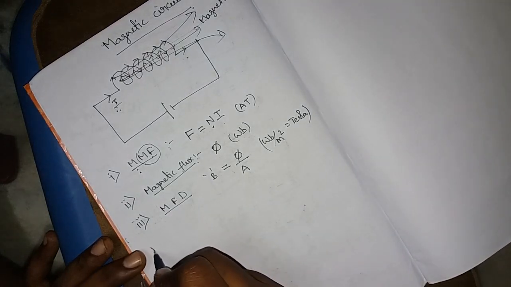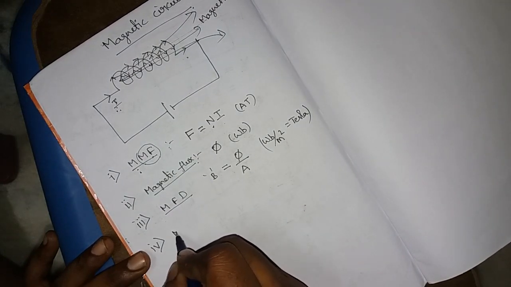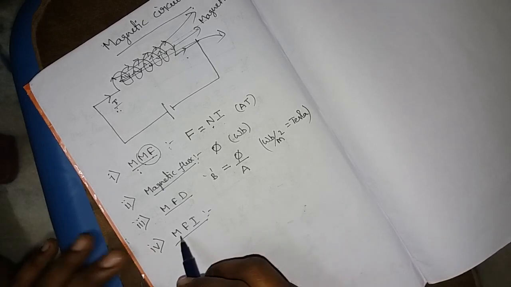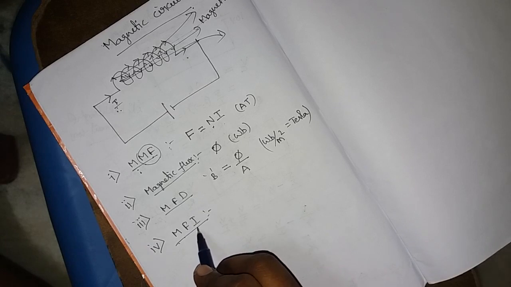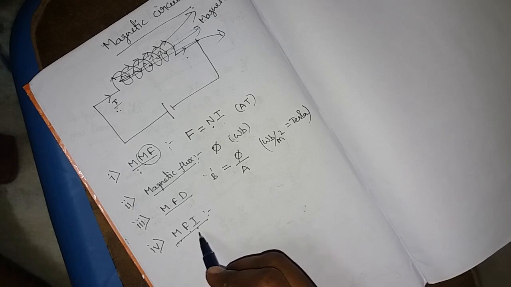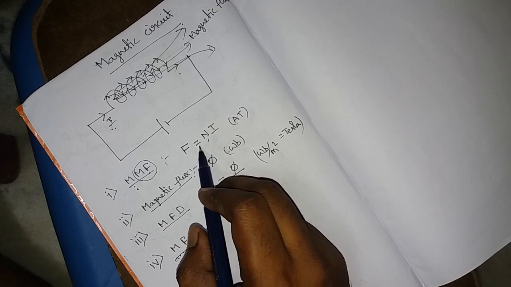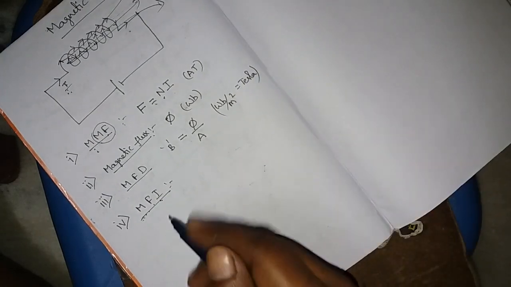Next, magnetic field intensity, or we can also call it magnetic field strength. What is magnetic field strength? It is simply the magnetic force per unit length.